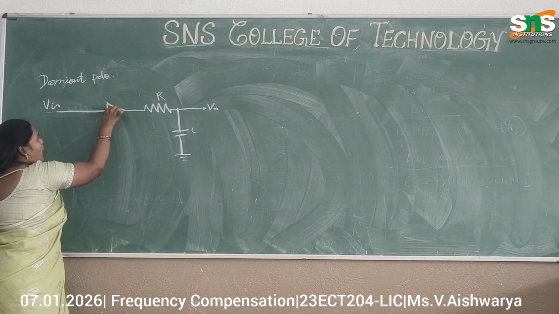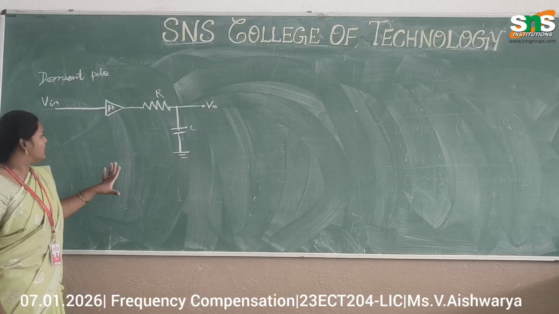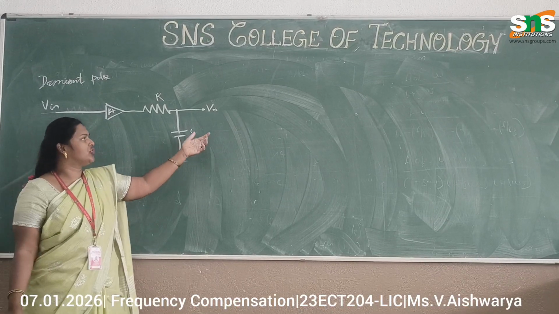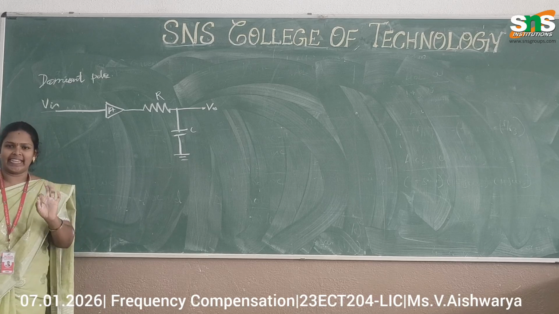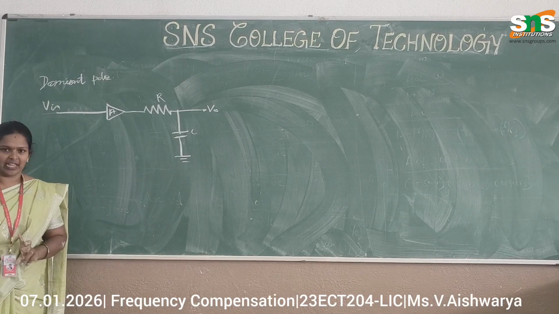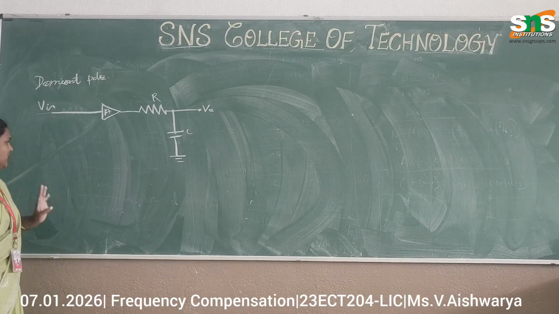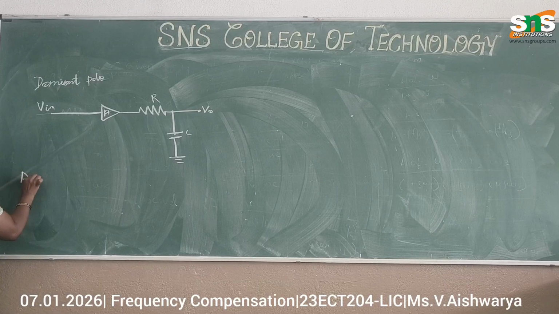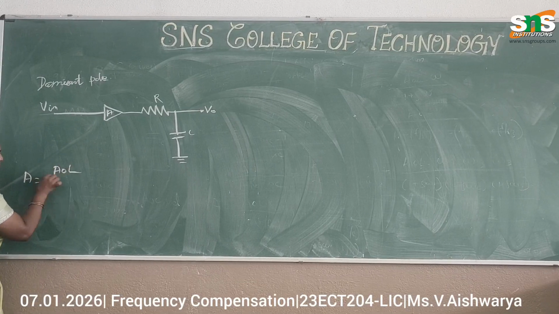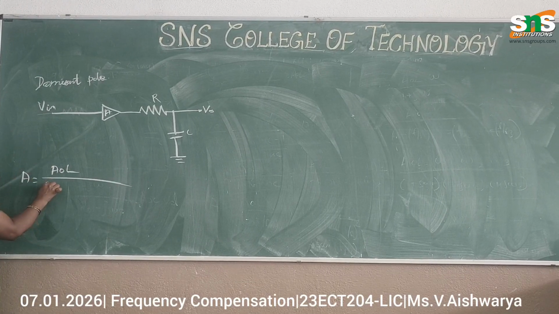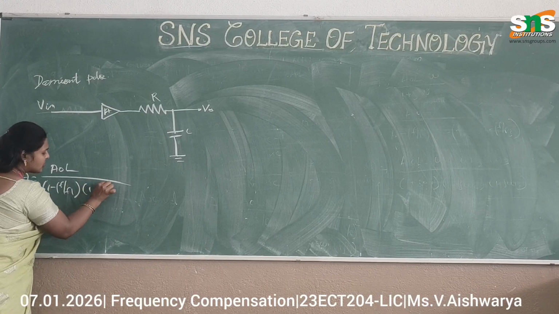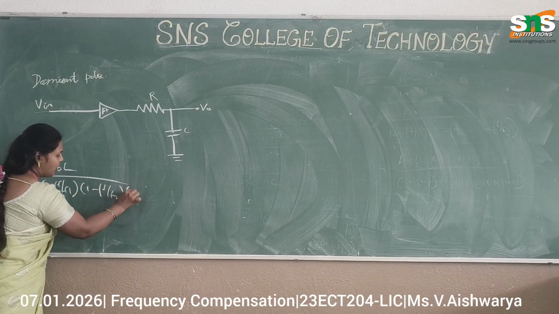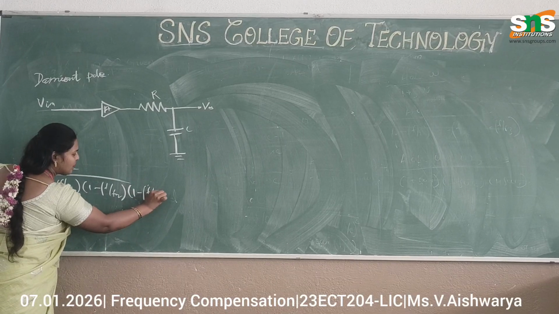So this is our operational amplifier. By using this, we have to check the output of the dominant pole. The uncompensated output we discussed in the previous session is A equal to AOL divided by (1 minus F by F1), (1 minus F by F2) and (1 minus F by F3).